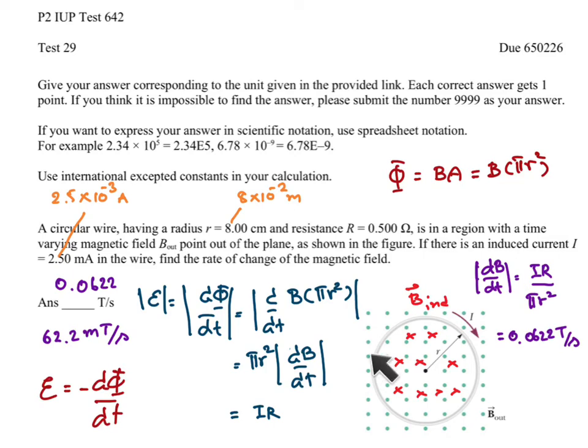Because the B out here increases, the induced magnetic field will point into the plane to oppose the change of the magnetic flux in this region. That's why the induced current points in this direction. Okay, so this dB by dt shows the increase of the magnetic field in this region.